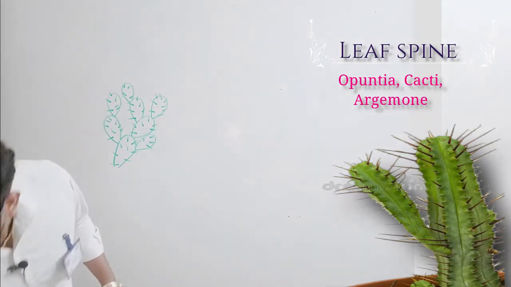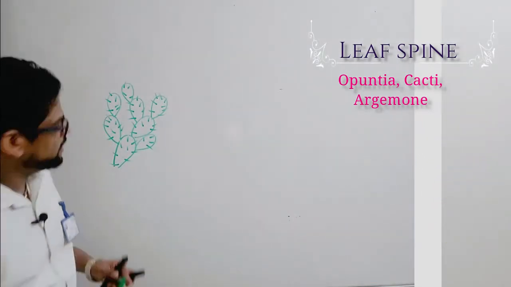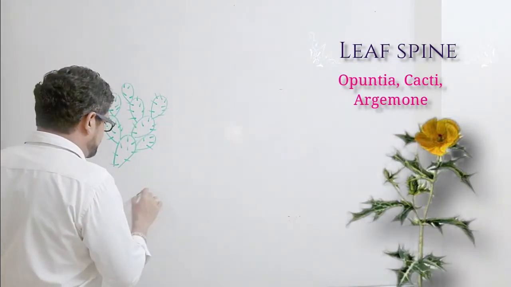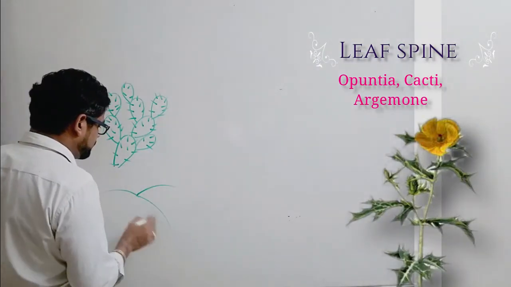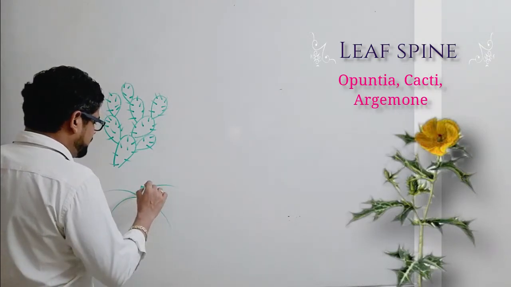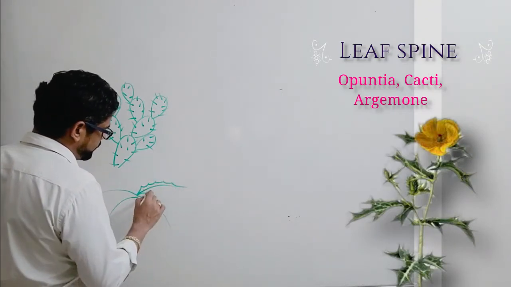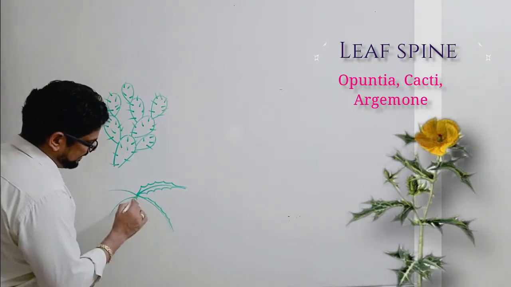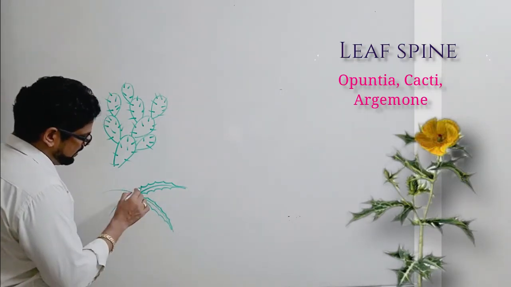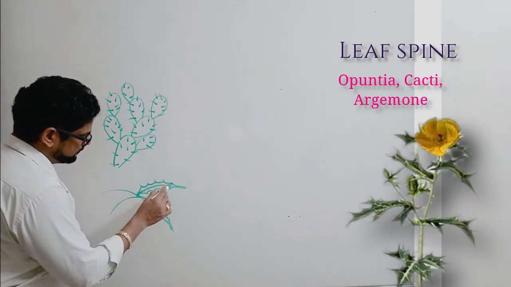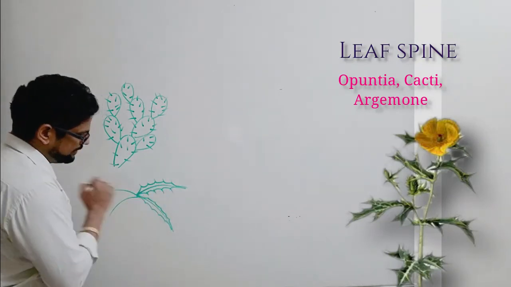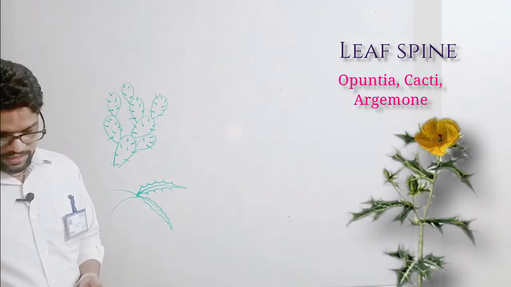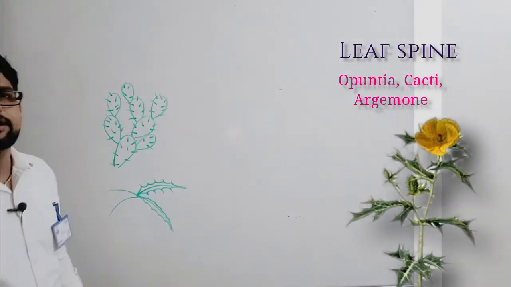Argemone का अगर आप डायग्राम देखें, argemone भी आपको ऐसे दिख जाएगा. ये उसकी लीफ है, ये दिख रहा है ना, ये लीफ स्पाइन है. लीफ स्पाइन इन केस ऑफ argemone. बात क्लियर?